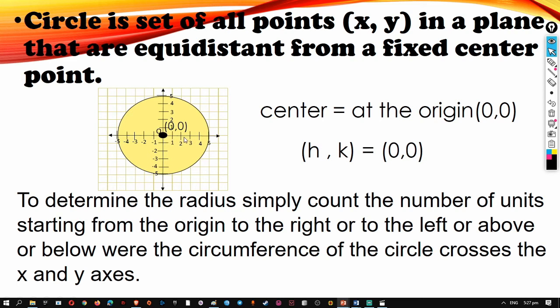Sa right, 1, 2, 3, 4, 5. Above, 1, 2, 3, 4, 5. And below, 1, 2, 3, 4, 5. Siyempre, pag sinabi nating radius, equidistant yan. So, pare-pareho yung side niyan. So, ibig sabihin, ang radius ay 5 units.